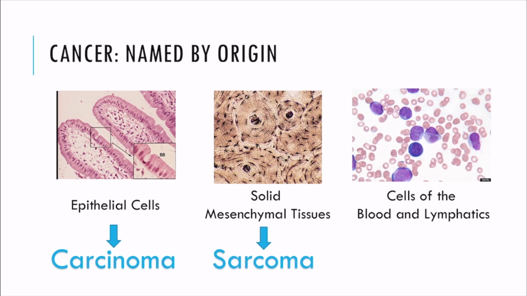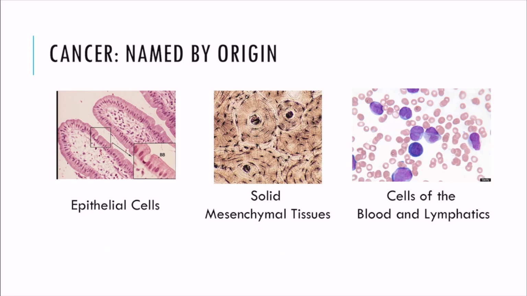Sarcomas can fall into two main categories: bone and soft tissue. So bone sarcomas are a little more self-explanatory. When we say soft tissue sarcomas, we're talking about, it says in your notes, supportive tissues. So we're talking about tendons, muscle, fat, blood vessel, nerves. That all falls into the soft tissue sarcomas category.